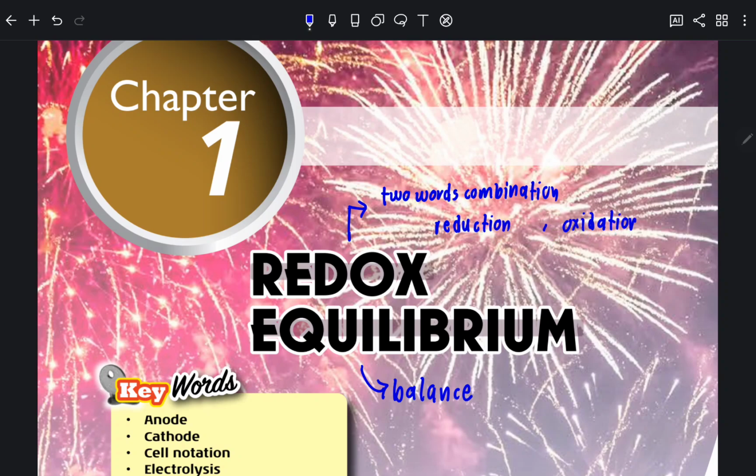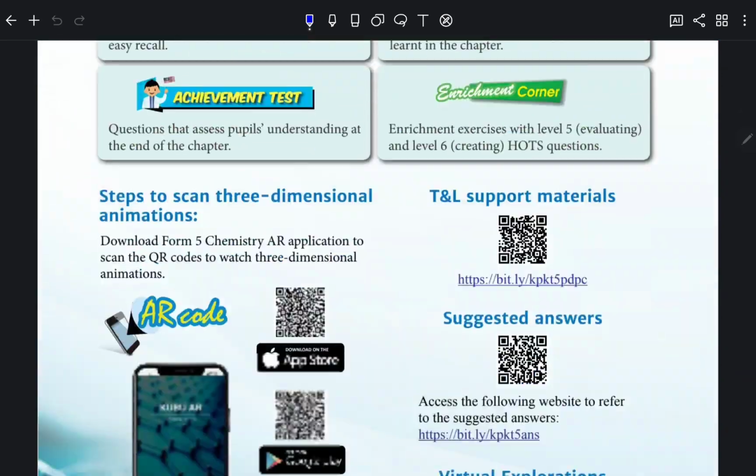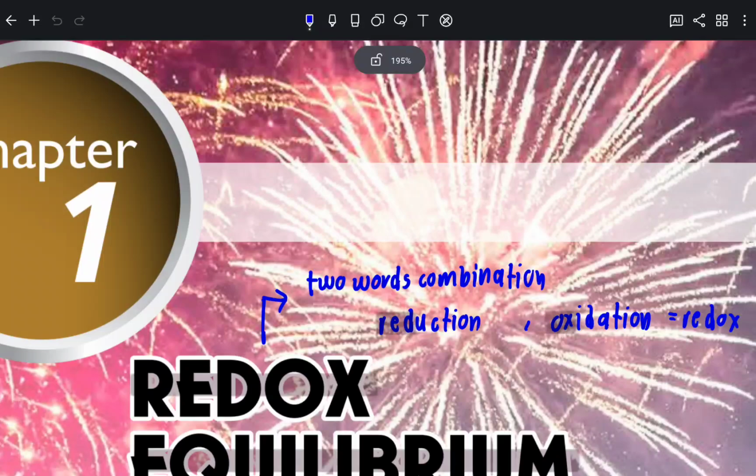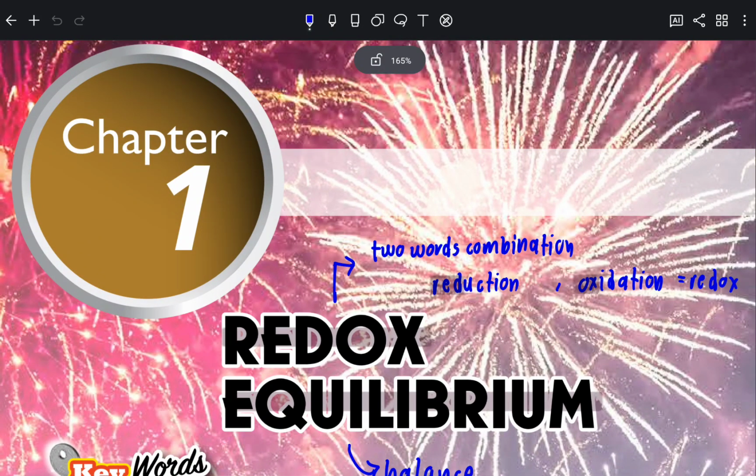What the scientists did is they took the red from reduction and the ox from oxidation and combined them to form the word redox. So this is how the word redox initially comes about. This is the first thing that you should know, the basics.